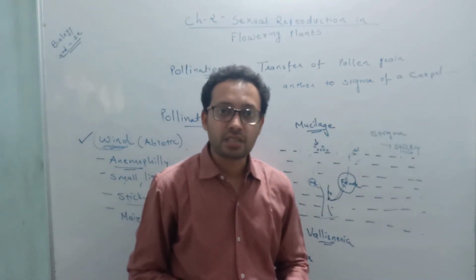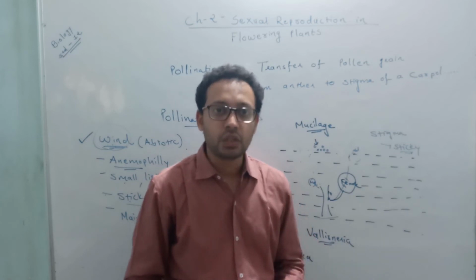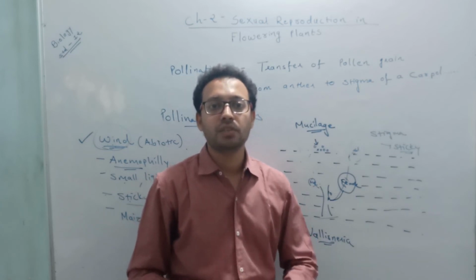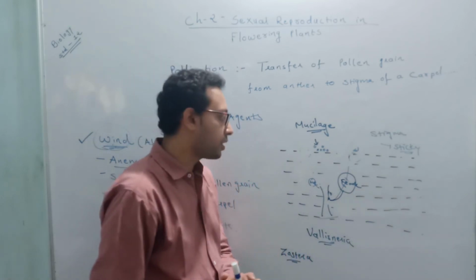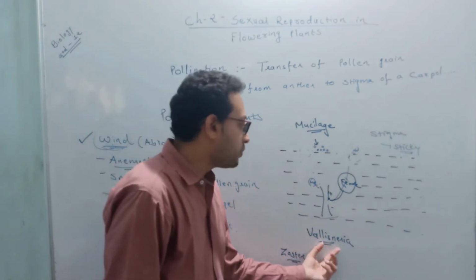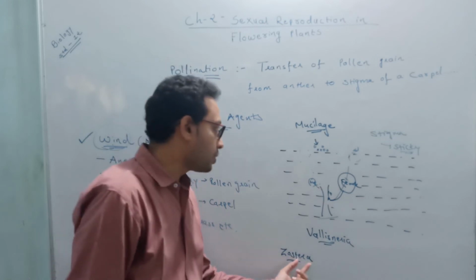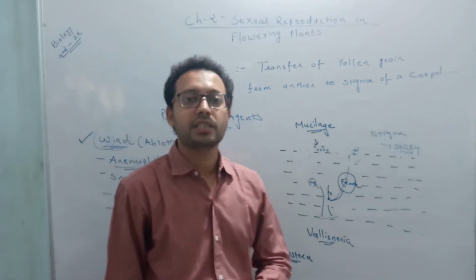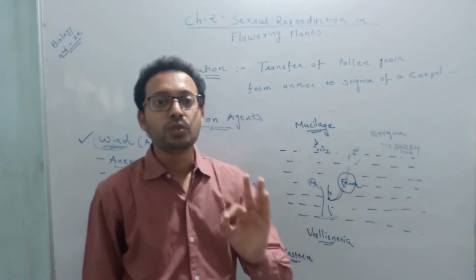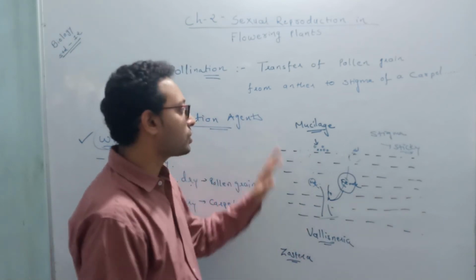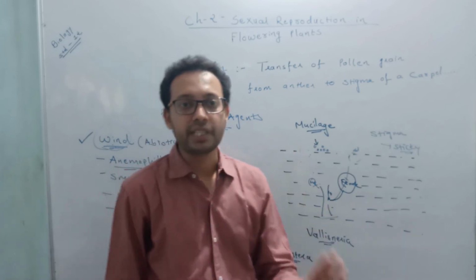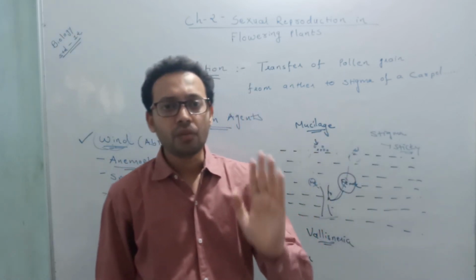Mucilage prevents wetting, so the chances of the pollen grain being damaged by water are very low. This happens in the case of Vallisneria and Zostera. The pollen grains of such plants are covered by mucilage which prevents wetting of the pollen grain. So this is called hydrophily, pollination with the help of water.